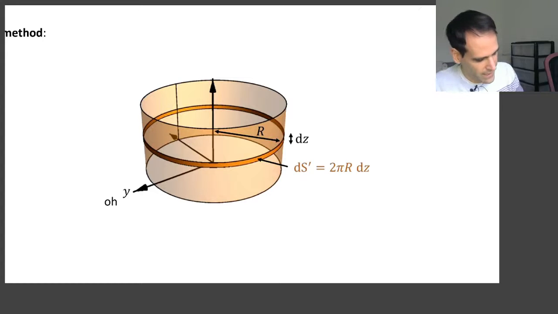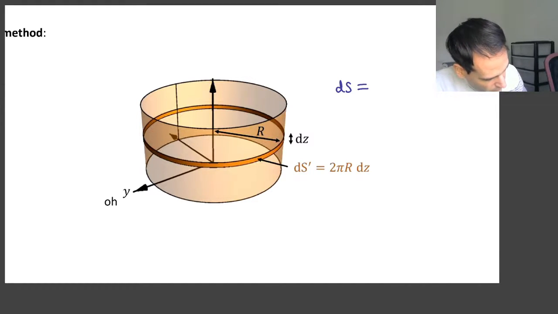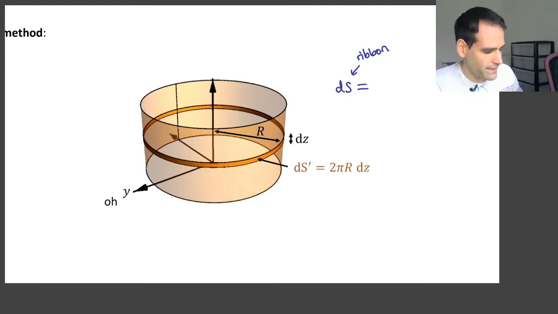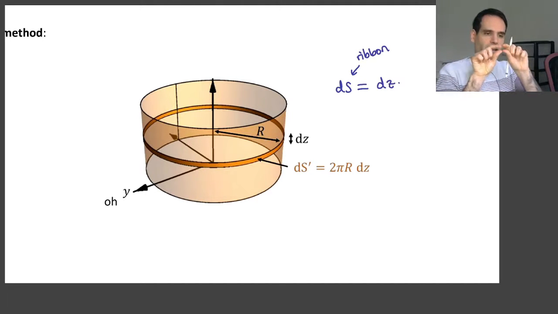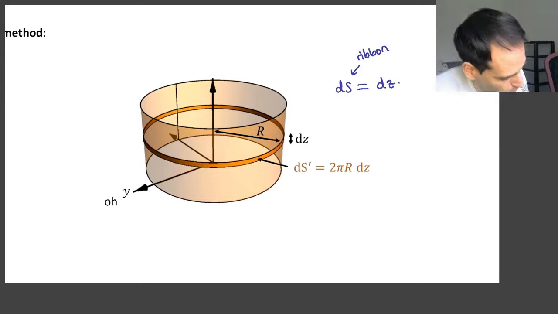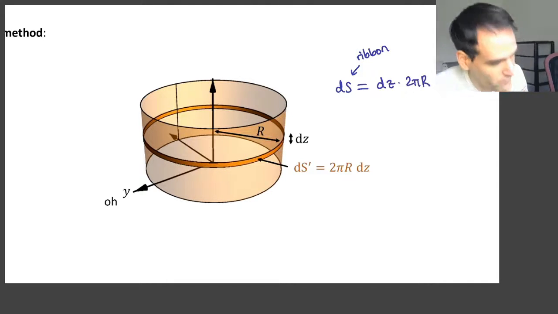The height is dz, so let's say ds is my ribbon. The height is dz, and what is the width of the rectangle that forms this ribbon? It's equal to the circumference. It's 2 pi r, right? So this is dz times 2 pi r.